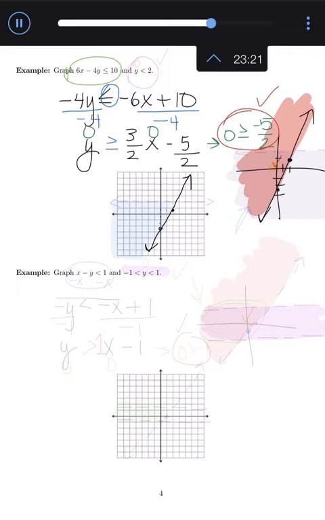The second part to this graph is looking at the line y is less than 2. For that line, we have a horizontal line at y equals 2. And notice, because it's less than, not less than or equal to, it will be a dotted line. So I can go ahead and draw that in on both of my graphs.